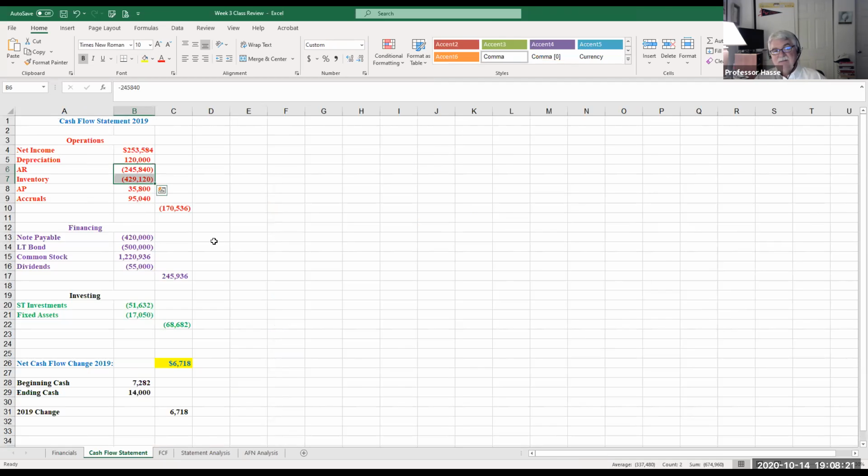Net of all that, not very good. Negative $170,536 in operating cash flow. You've got to at least break even to compete. They've got to do something. Either they've got to make more money or find solutions to their receivable and inventory situations.